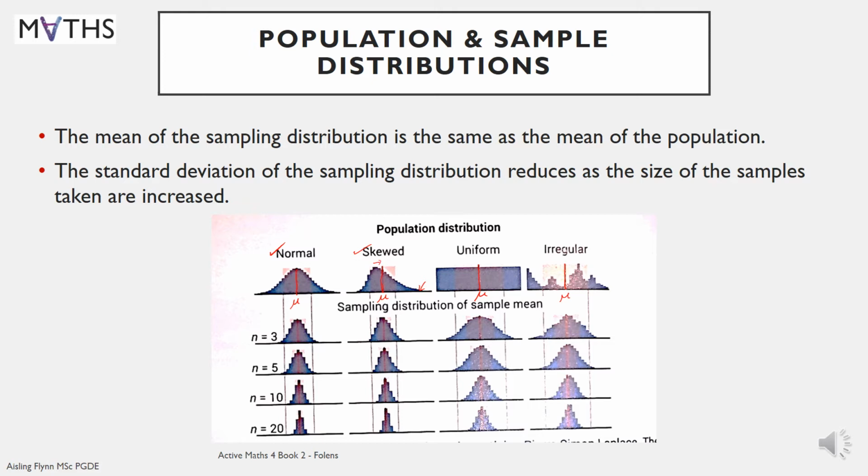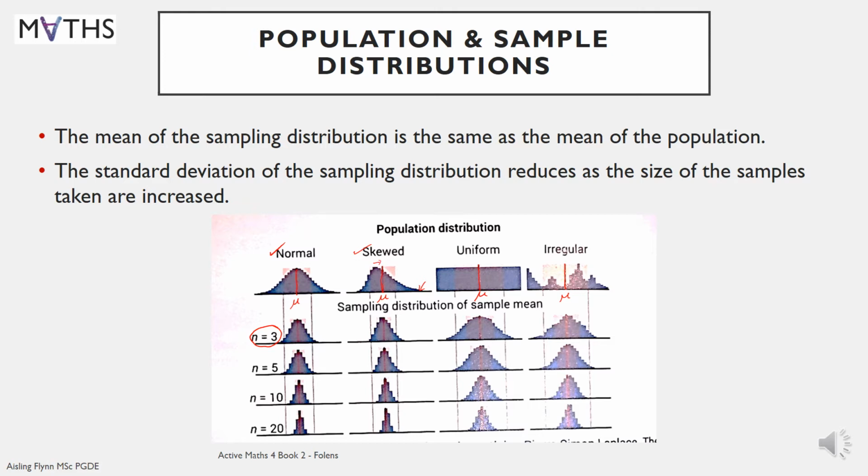Now let's see what happens when you take samples. The first row here says n equals 3. What produces these graphs is lots and lots of groups of 3 picked at random from the original set of data. So there are groups of 3 numbers, and then the mean of those 3 numbers is calculated.